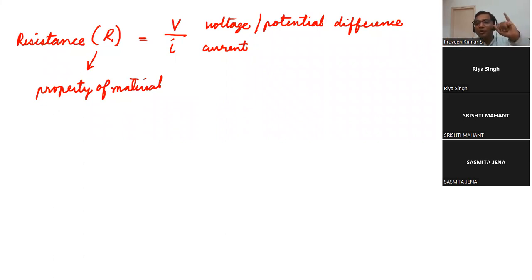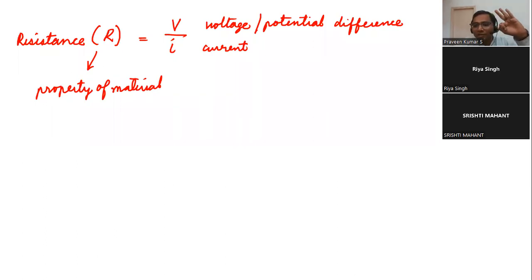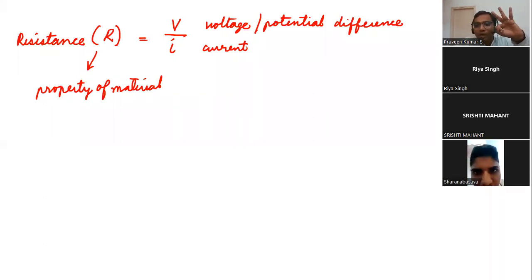If you have a copper wire, aluminum wire and a gold wire, and you apply the same potential difference across these three wires, they will not have the same current. The current will depend on the type of material it is.